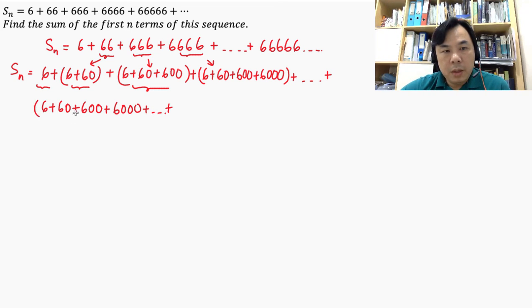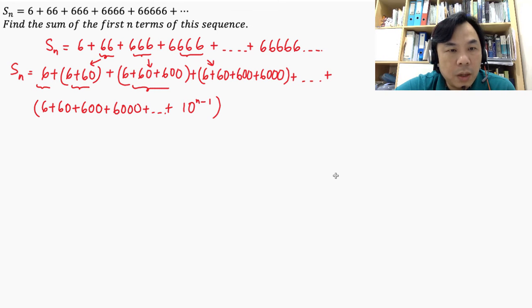You will recognize that all the terms in the bracket here form a geometric progression or geometric series with a common ratio of 10. So therefore I can write this down with common ratio 10, that will be 10^(n-1).